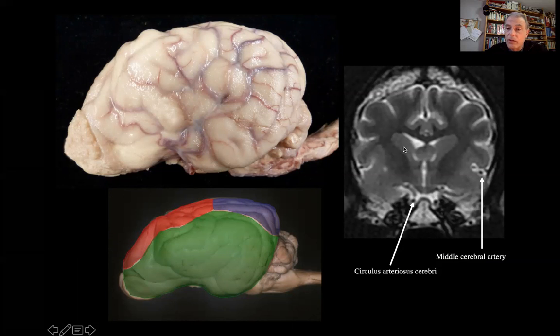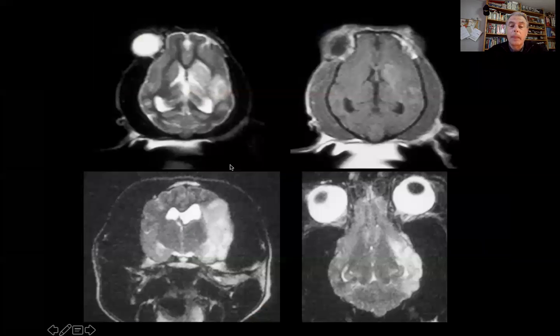Okay, transverse section on MRI. Here you have the Circulus Arteriosus cerebri and branches from these, in particular branches from the middle cerebral artery. As you see in cases, we may find, in this case, a hyperintense signal affecting the caudate nucleus, white matter in between this caudate nucleus and lentiform nucleus, and a slight hyperintensity after contrast.